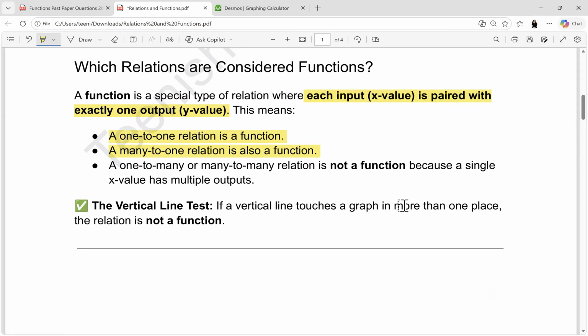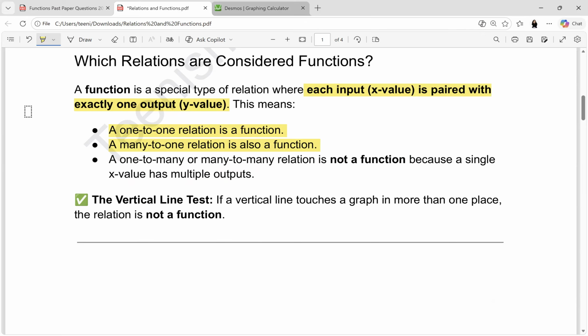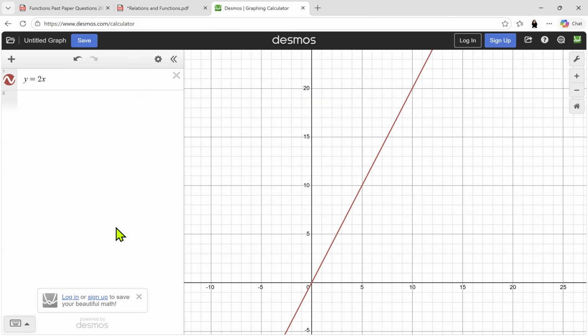If it touches the graph in one place, it would be a function. If, however, it cuts the graph in more than one place, it is not a function. So let's look at the vertical line test on the graph now.